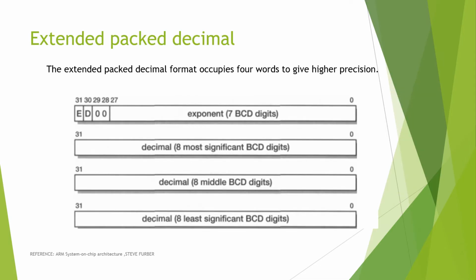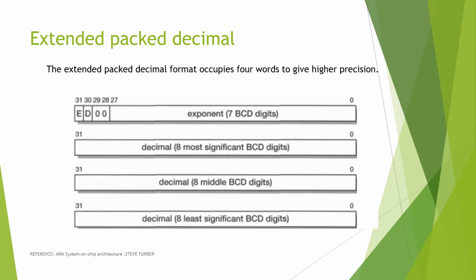Similarly, you have the extended packed decimal format also, similar to the previous case. To get higher precision, you need this kind of extended precision format. The only difference is that you have the packed binary coded decimals: 0 to 31 least significant part, middle 0 to 31 part, and then the most significant part, also 0 to 31, plus the exponent, which is 7 BCD digits, 0 to 27, that is 28 bits.